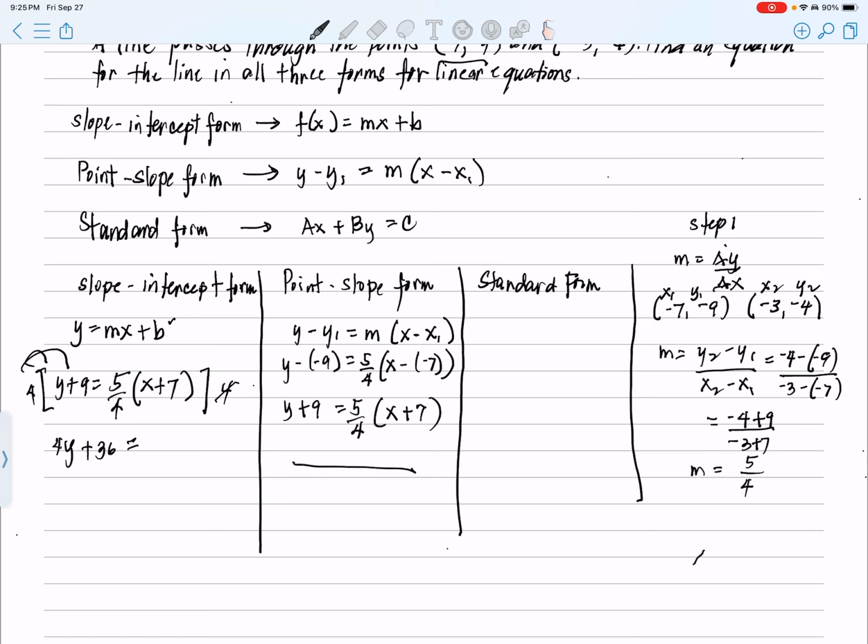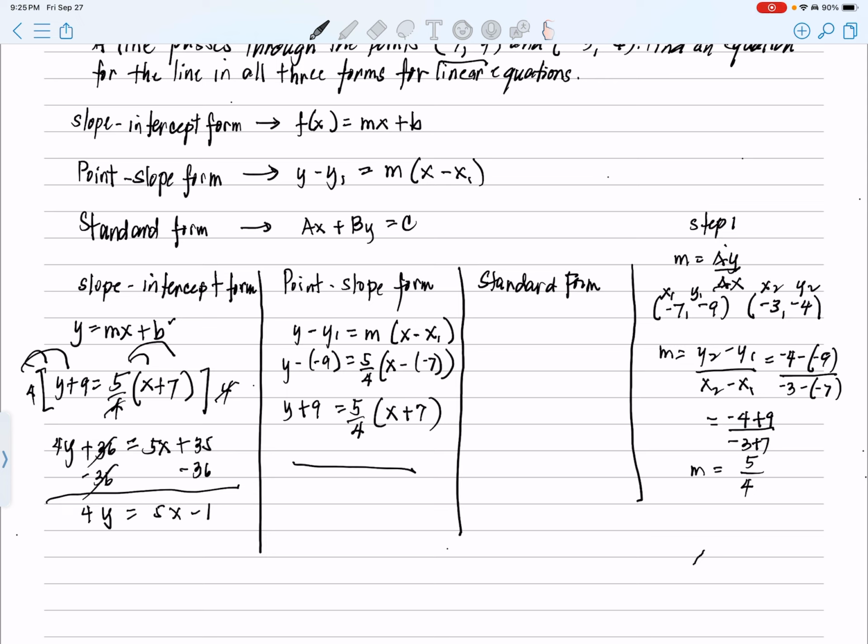I could cancel the 4, and that would be 5x plus 35. Okay. Now, let's subtract 36 on both sides. So the left would become 4y. Then we have 5x minus 1. We cancel out the 36.